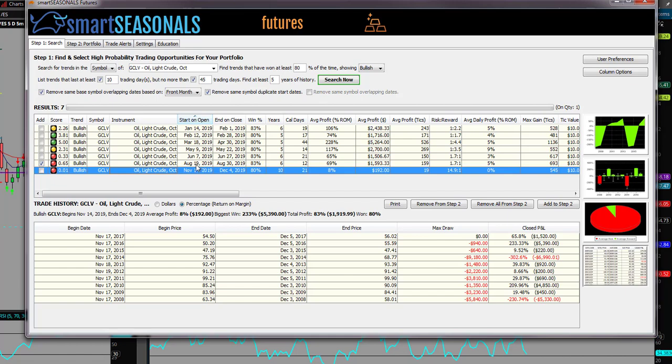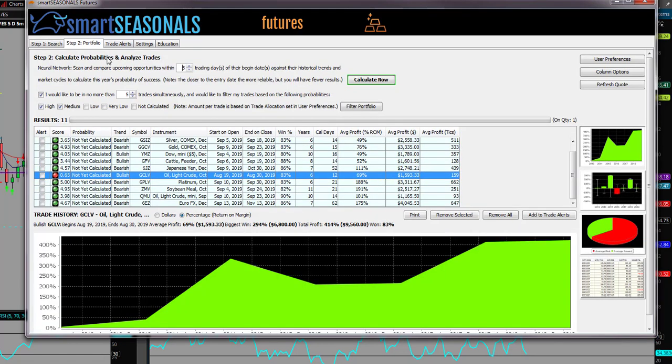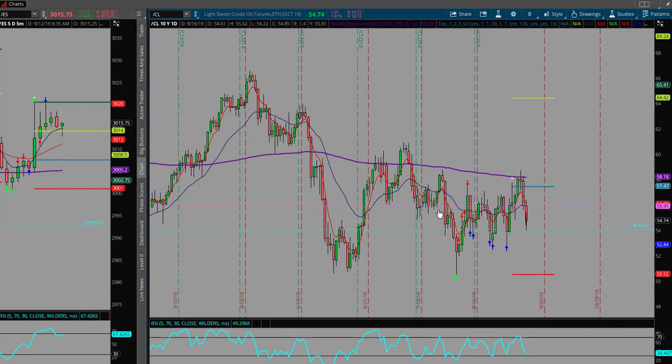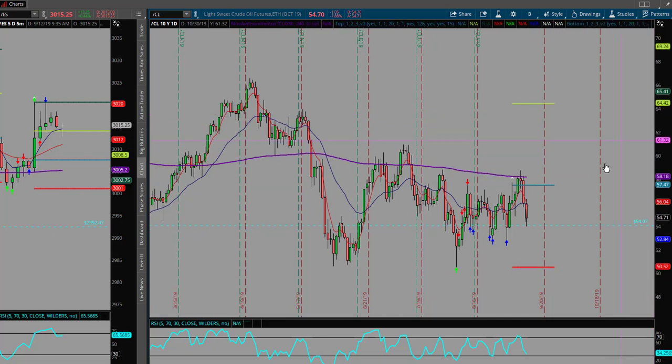The last trade that just finished, from August 19th to August 30th, was about a break-even trade as crude traded sideways from the start to the end date. So we are trading in a range-bound market here in crude. We will be looking for opportunities to the long side in either crude futures or USO or another leveraged ETF.